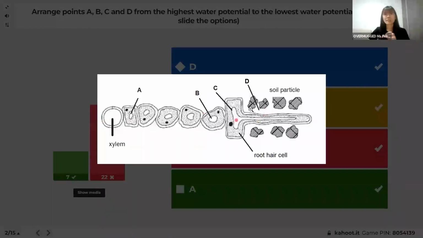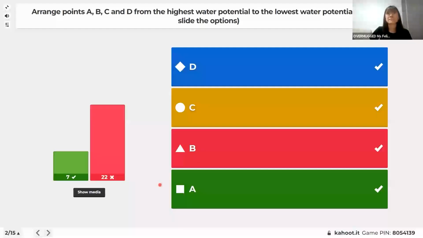So in this case, if your root hair cell wants to absorb water until the xylem, it means the outside should be the highest water potential, so that water always moves from high to low. So the most inside should be the lowest water potential. Okay, so the answer is DCBA.